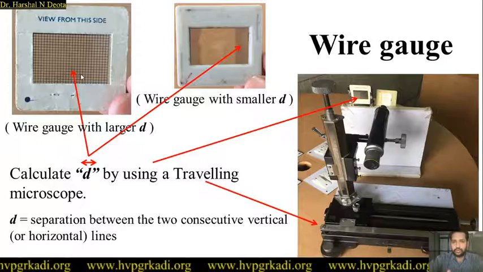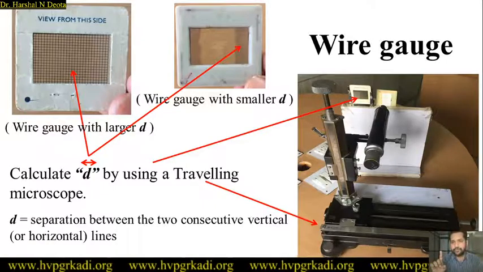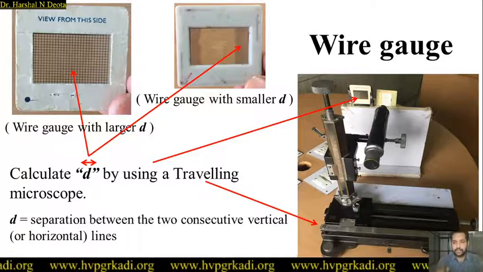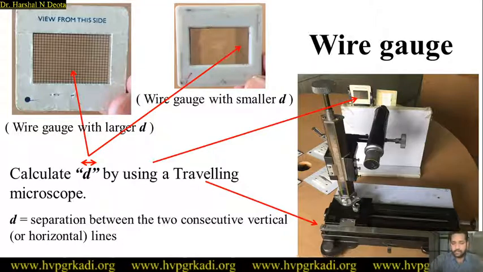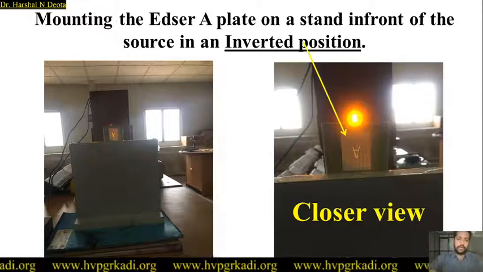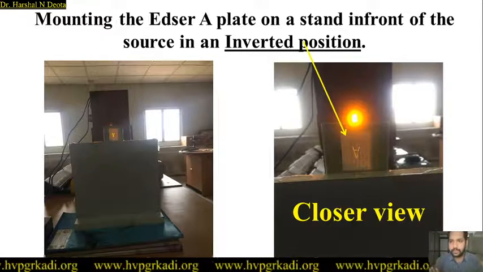Fine. So till now we had three setups. First of all, the light, which was monochromatic. Second, the Edser A plate, and third was the wire gauge, and of course the traveling microscope as well. Now, how to start the experiment? First of all, we will turn on the sodium lamp.